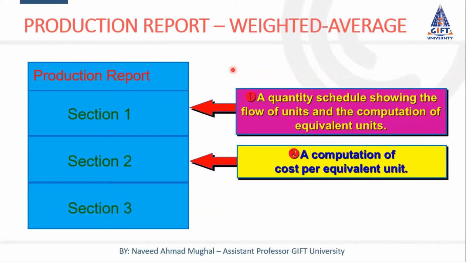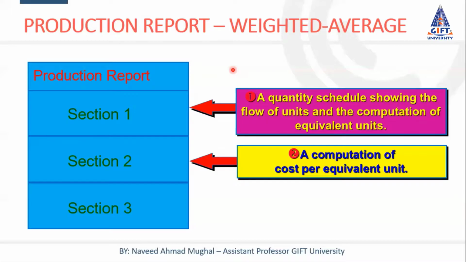Units information as well as their cost information is shown on cost of production report, and by using it we make journal entries in our ledger accounts. It is basically a working for the recording of journal entries of our production. It is the information required for calculating the cost of finished goods in a particular department.